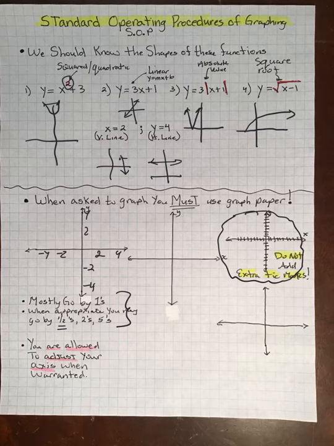Sometimes you are allowed to adjust your x and y-axis when you think it's necessary. So when you're looking at your t-tables and your graphing, you might realize, oh, this particular graph is shifted up 3 and it's opening up. So when I build my axis, I may want to decide to lower my x-axis really, really low, because I know my parabola is sitting way up here in this quadrant, and that gives me more room up there.